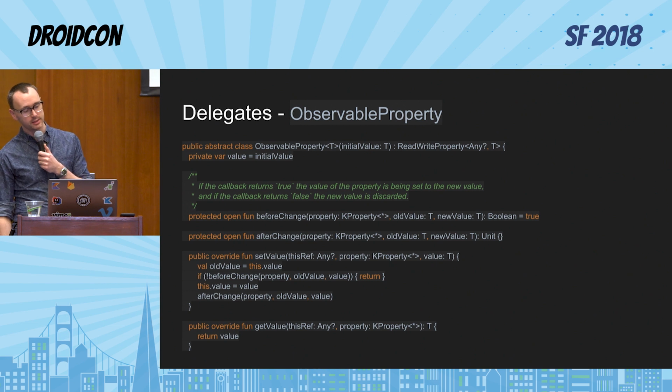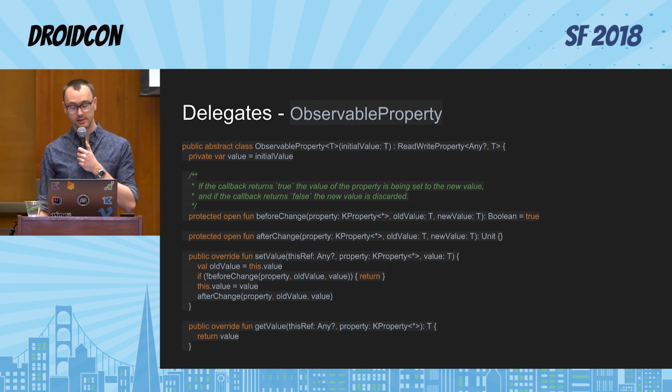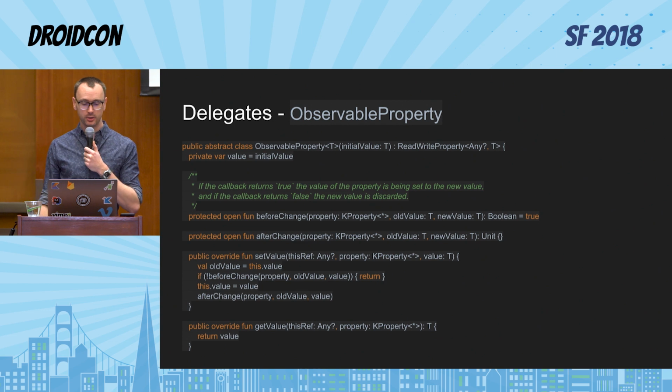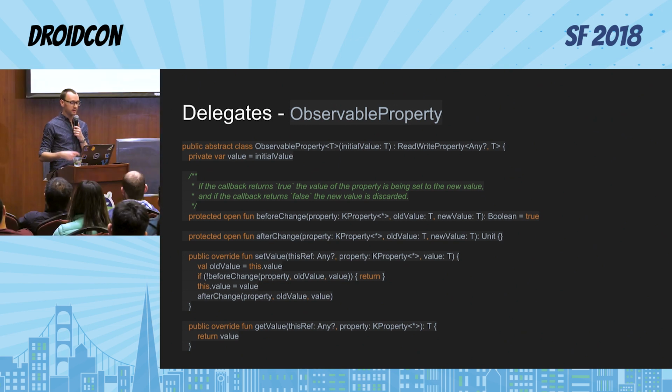And the last one actually isn't an interface. It's an abstract class that itself implements the first interface that we saw, read-write property. Its default implementation has a before change and an after change method. The before change by default returns true, and then the set value method checks to see if before change returns true. If it doesn't, it won't update the backing property.